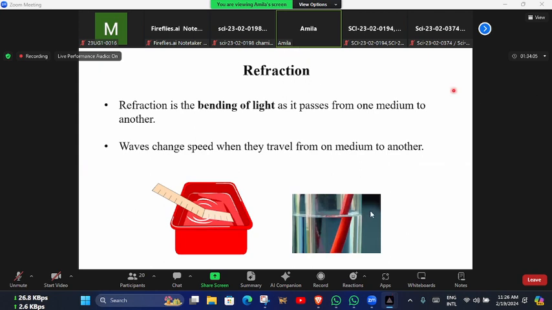If you take this one, what are the two mediums here? I think this is a very practical example.